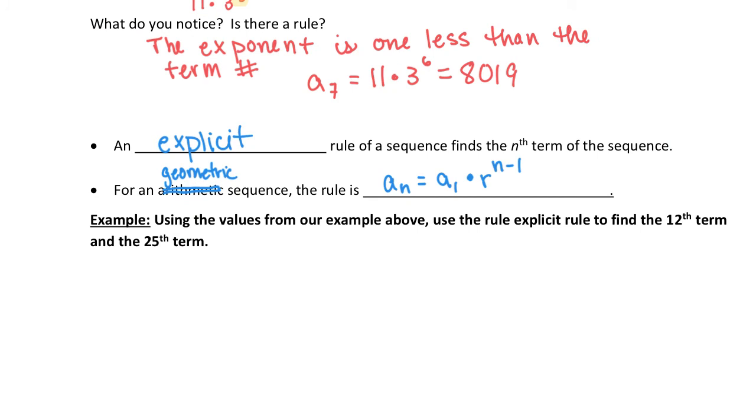So let's see if we can find the 12th term and the 25th term from the sequence above. Remember, our a sub 1 is 11 and our r was 3. So if I want to find a sub 12, then that's going to equal 11 times 3 raised to the 12 minus 1, or in other words, that's going to be 11 times 3 to the 11th.